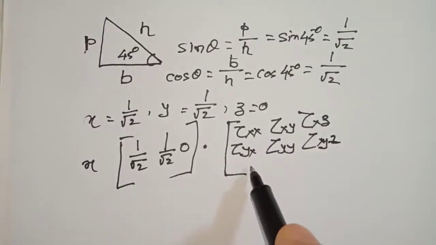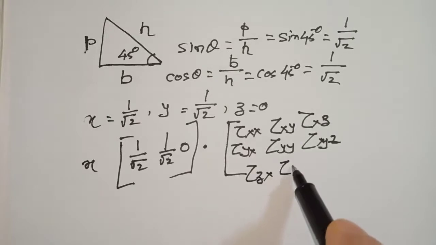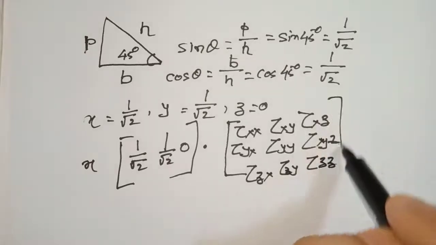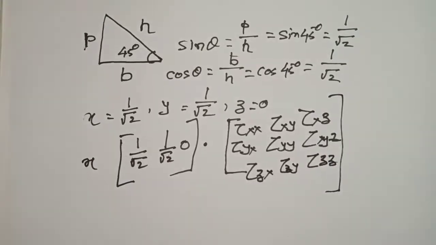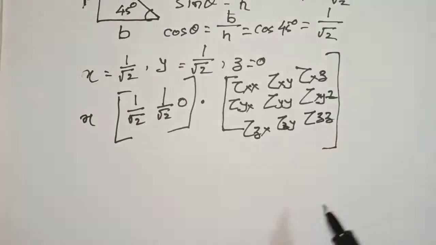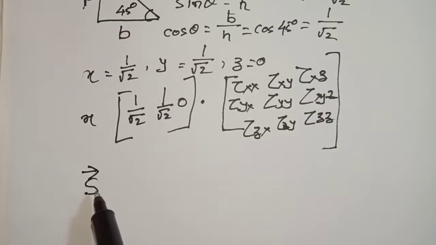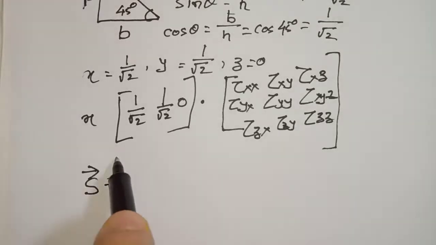Then we have tau zx, tau zy, and tau zz. So I am just multiplying this with this. This is the stress tensor, right? So what we get is a stress vector, which is denoted by S with an arrow. This is the stress vector.